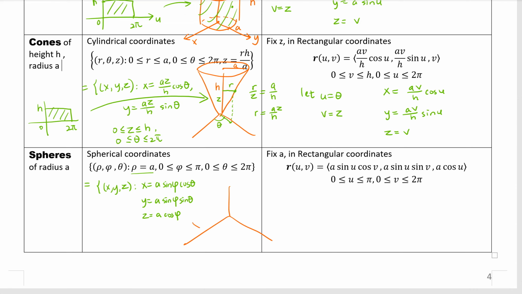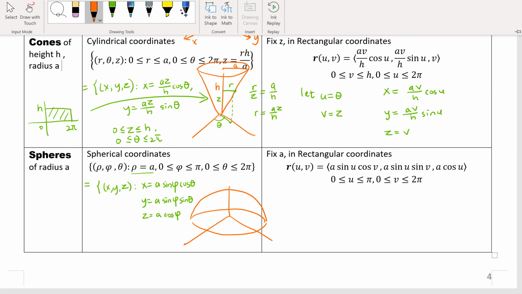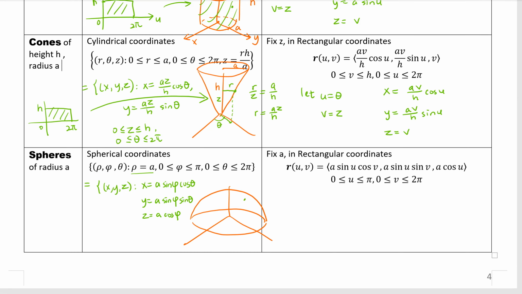So far, so good. And what does the sphere look like? For a sphere, we have the circle and the top here. For a point on the sphere, phi is the drop down angle. If we project this point down, here is theta. And this length is r.